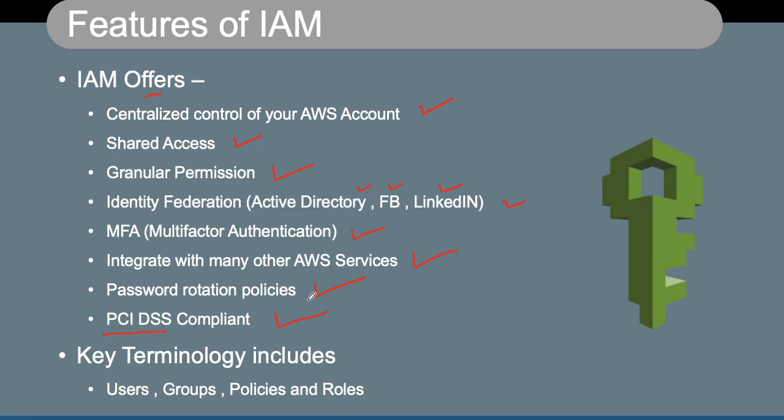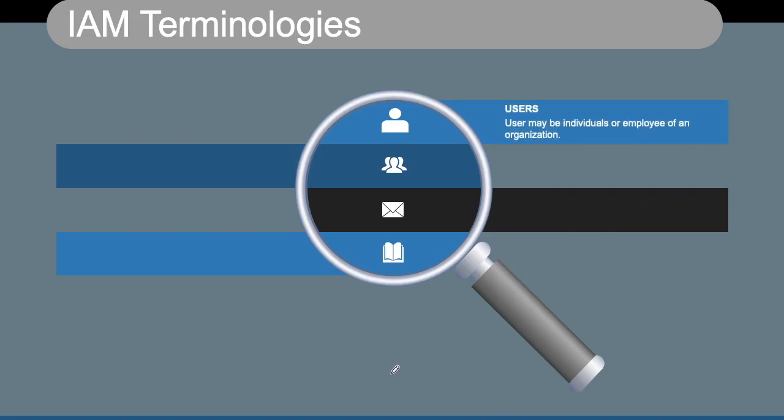What are the key terminologies we have in IAM? They are users, groups, policies and roles. So let us understand these different terminologies. Let's talk about users. Users are typically individuals or employees of an organization who can have access to the AWS resources.